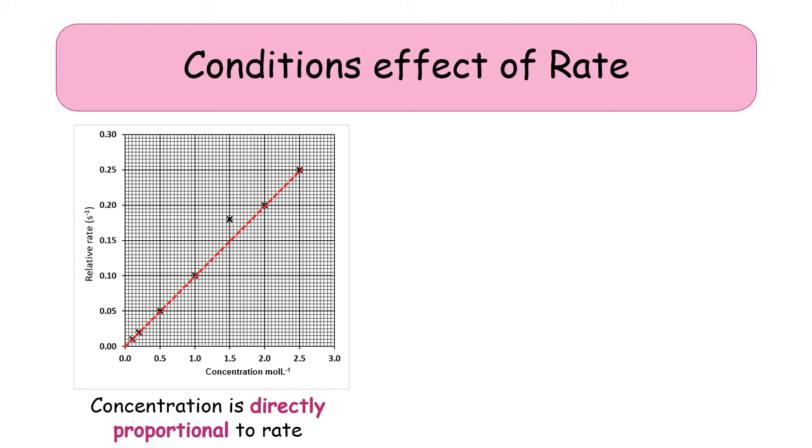And we describe that relationship as being directly proportional. And it should always go through 0, because if you've got 0 concentration, the reaction won't happen. That straight line relationship you should see for concentration, for pressure, and for particle size. It should be directly proportional.